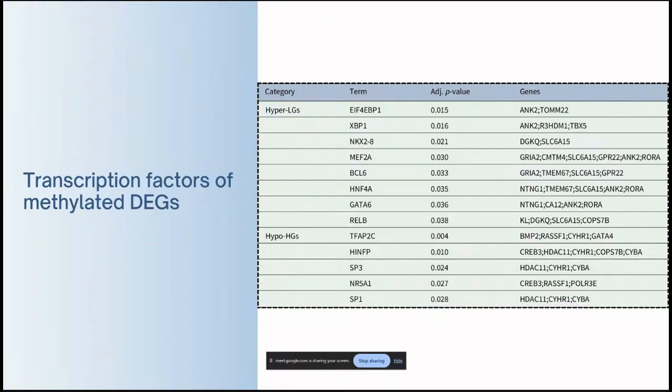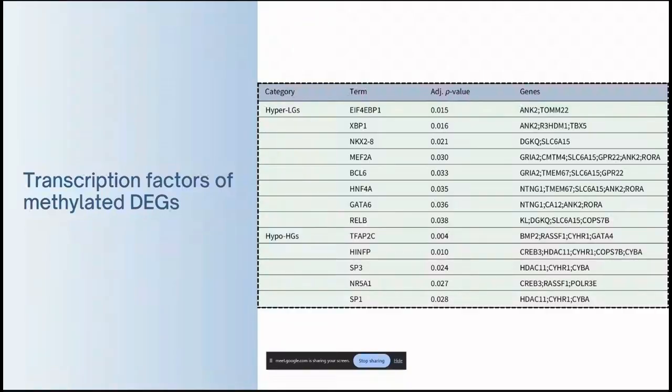This helps us understand not only which genes are altered, but also what may be controlling those changes. The researchers identified transcription factors, proteins that help turn genes on or off.